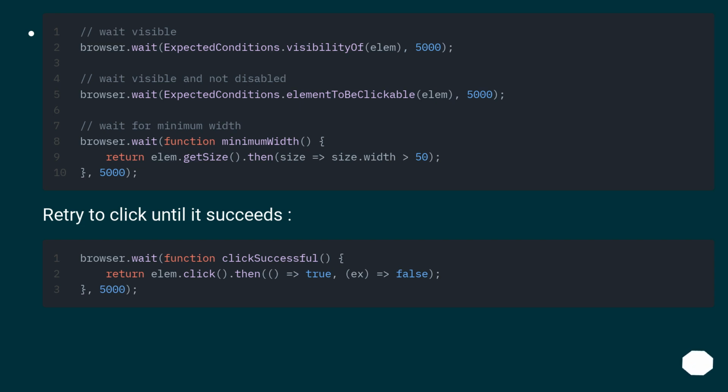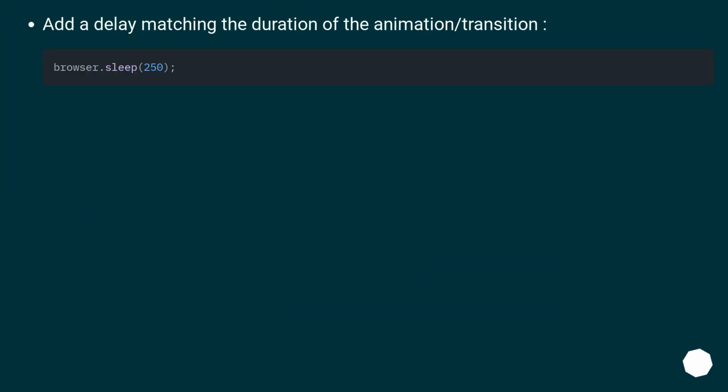Retry to click until it succeeds. Add a delay matching the duration of the animation or transition.